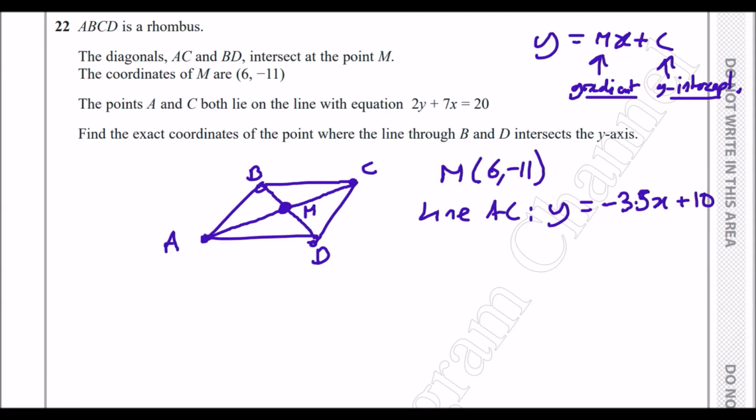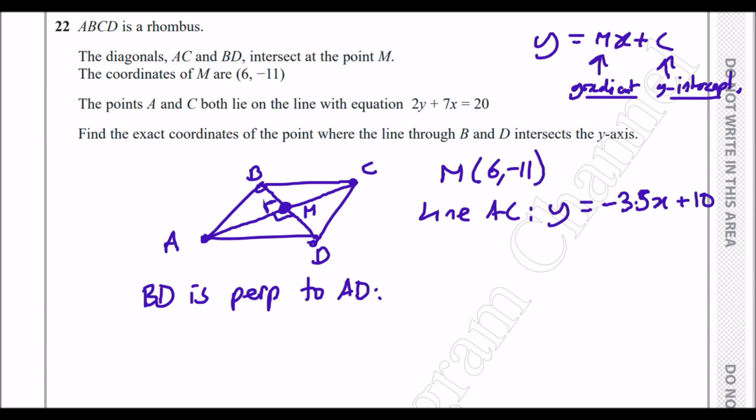When you've got a rhombus, what that tells us is that the diagonals meet at right angles. Believe it or not, these are all right angles. So this is actually useful. The reason we found this line is that if you've got a right angle, that means the line BD is perpendicular to AC, meaning the gradient is negatively reciprocated.